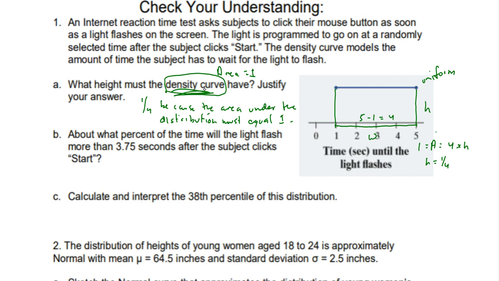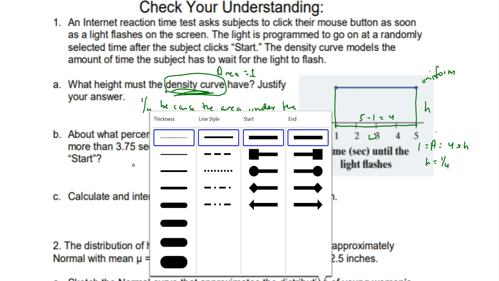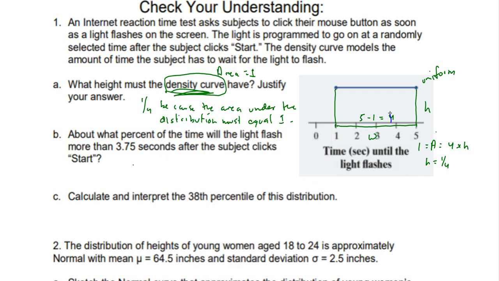All right, now it says about what percent of the time will the light flash more than 3.75 seconds? Okay, I'll change my color and it's right here. Well, 3.75 seconds is looking about right there, and we're looking for more than that, and so we're looking for this area right there. Now to find that area, we're going to take this length, which is going to be 5 minus 3.75. Okay, and when you have that length, you can see that's going to equal 1.25.